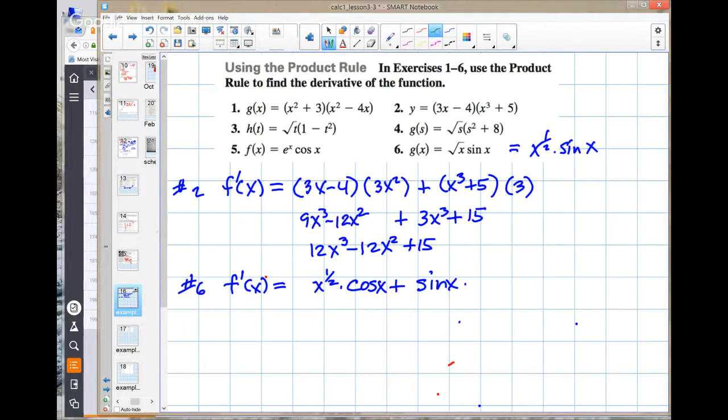So if h of x is x to the 1/2 power, what's h prime of x? 1/2, and then reduce the power by 1. And then simplify that, and what do we have? 1 over 2, what? X to the 1/2? So in other words, 1 over 2 times the square root of x.